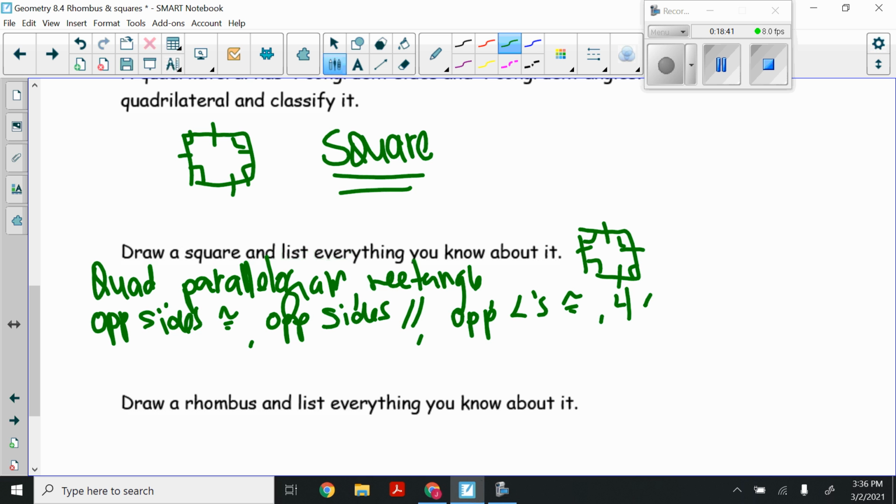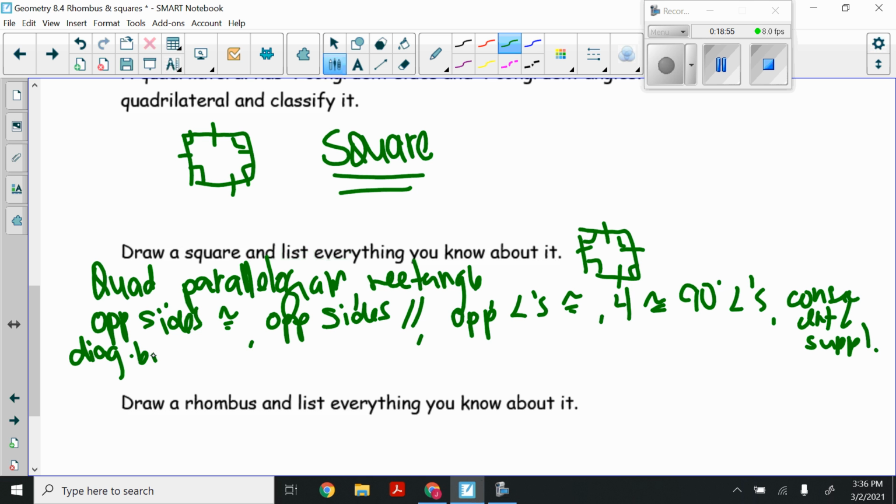I have 4 congruent 90-degree angles. I have consecutive interior angles supplementary. I know that my diagonals bisect each other. I also know that my diagonals are congruent. And I also know that my diagonals are perpendicular. And I know that my diagonals bisect angles.